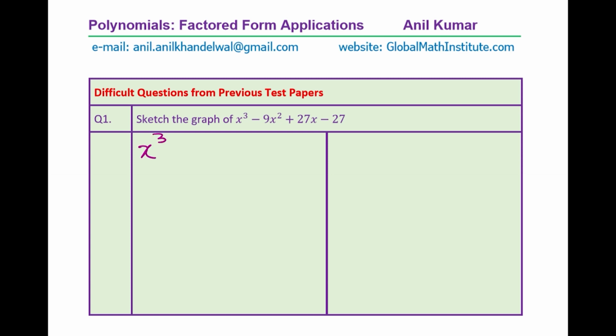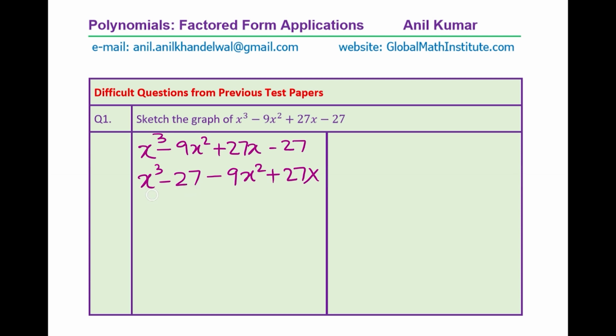So we have x cubed minus 9x squared plus 27x minus 27. Let us rearrange. So we get x cubed minus 27. So I'm bringing this 27 here, and we have the other terms, which is minus 9x squared plus 27x.